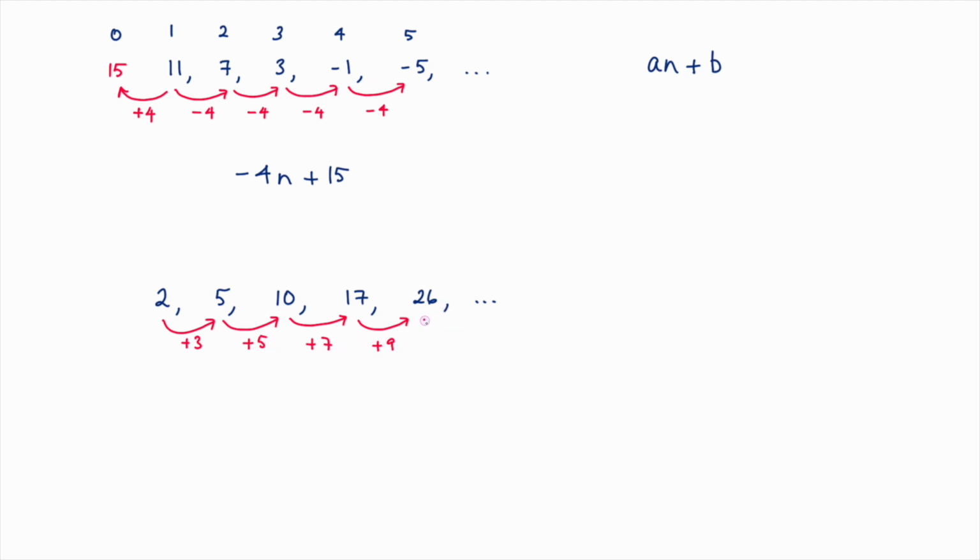The next one would probably be adding 11. So we can say this value here would be 37. However, the common difference is not the same, and therefore this is not a linear sequence. This is in fact what we call a quadratic sequence, and I'll show you how to do those in another video.